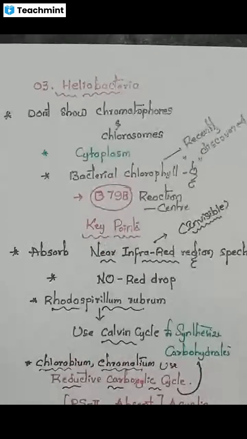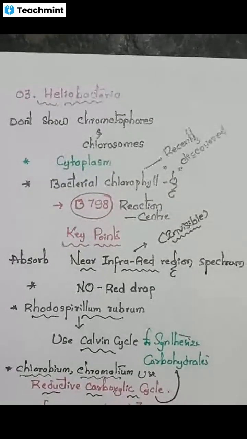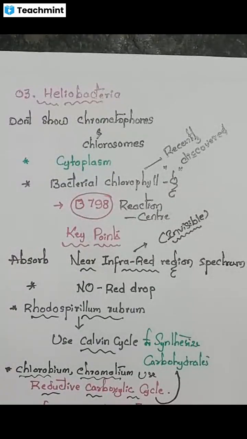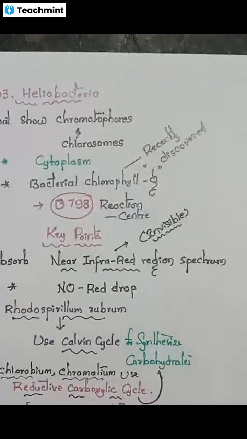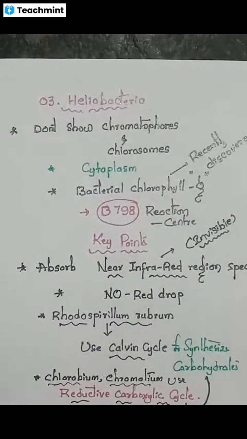Heliobacteria do not show chromatophores and chlorosomes. The photosynthetic pigments are present in the cytoplasm. The main photosynthetic pigment is bacterial chlorophyll G, which was recently discovered. In heliobacteria, the reaction center is B798.